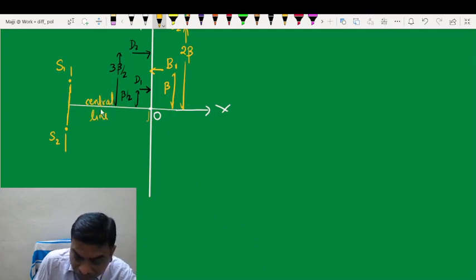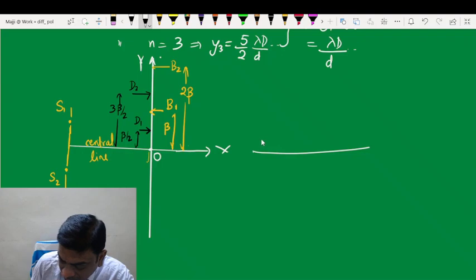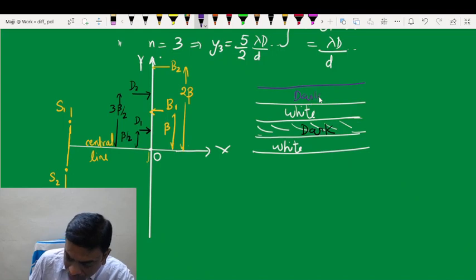Now students, if you see the screen, this will be white, then this will be dark, then again this will be white, this will be dark again and so on.